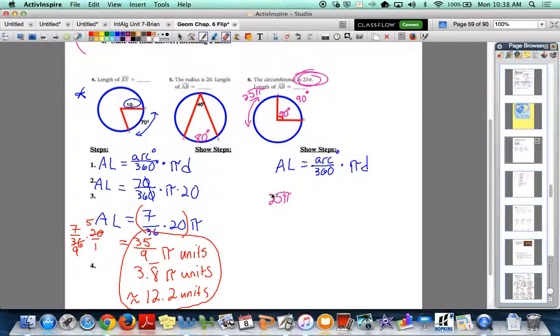Actually, what am I doing here? That's not correct. So we're given the circumference, and we're calculating the arc length. So that needs to go in the circumference spot, which would be the arc measure out of 360 times 25 pi. Okay?